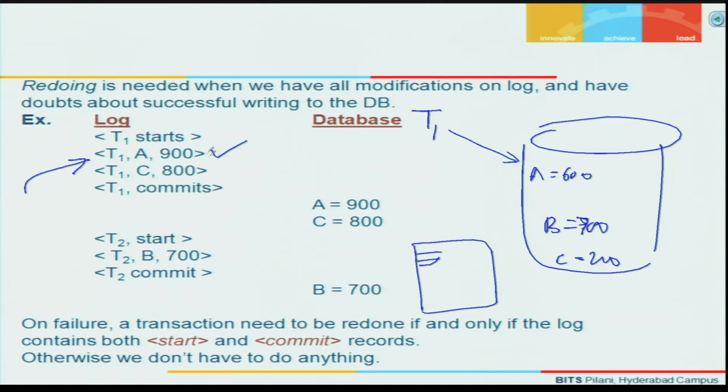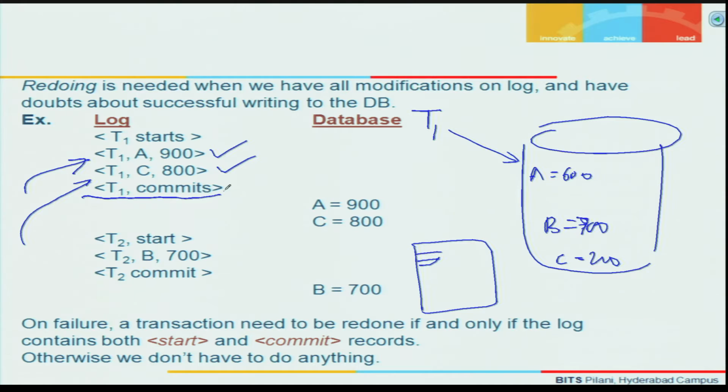Then immediately T1 modifies the data item C and the new modified value is 800. The corresponding entry will be made into the logbook: T1, C, 800. Then let us assume that T1 has completed all its operations and all the modifications have been written to the log, and it commits.